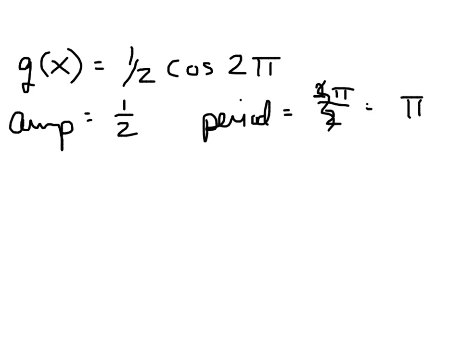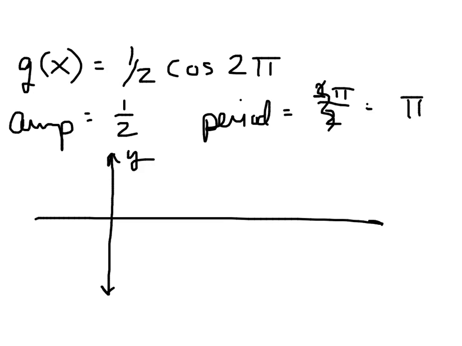I am going to set this one up identical to the sine curve. They are set up the same way. The difference is where you start. So, I'm making my y axis, my x-axis. Now, here's what I wouldn't do.